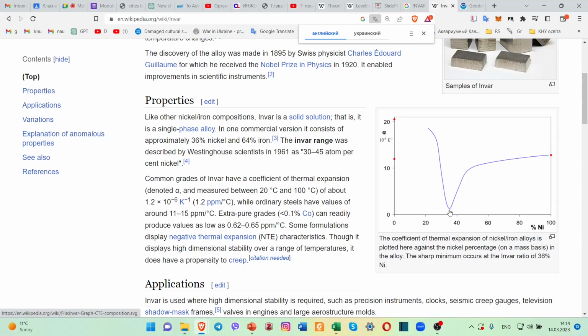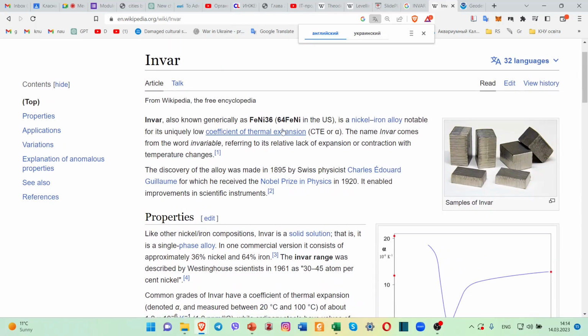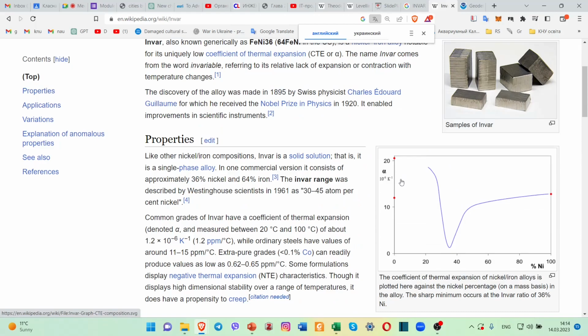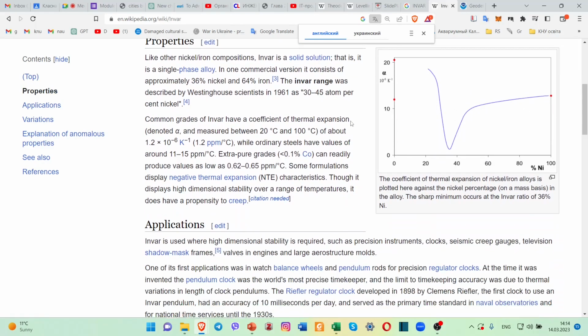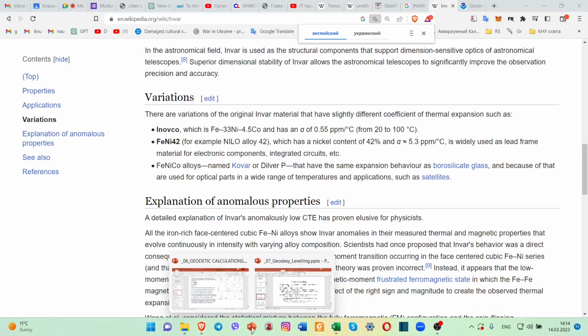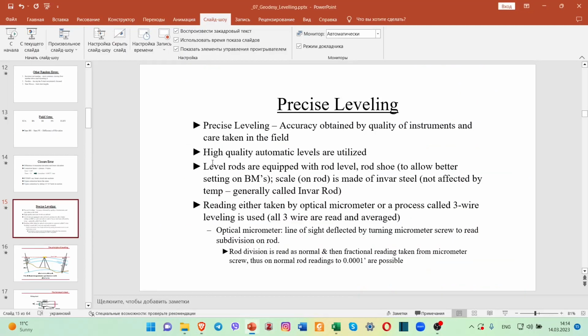You can see the minimum of the graph explains the optimal percent of each metal in this mixture. Well, let's move on.